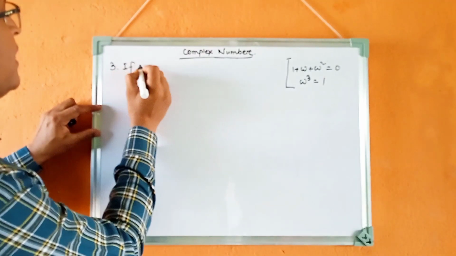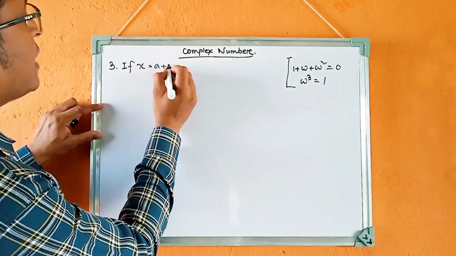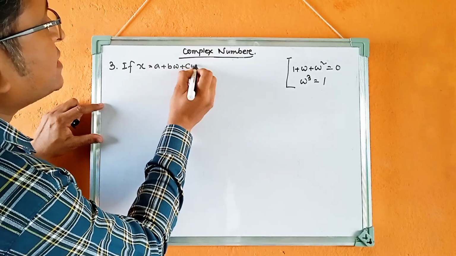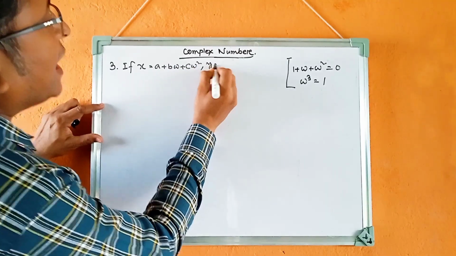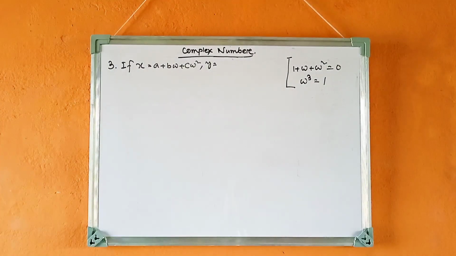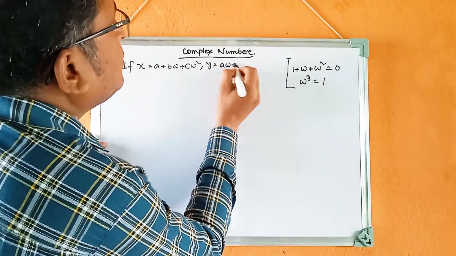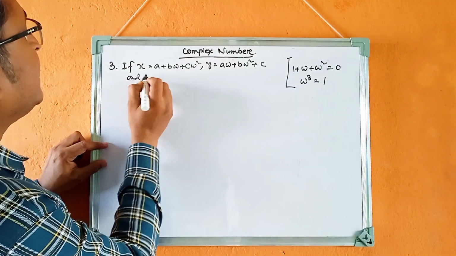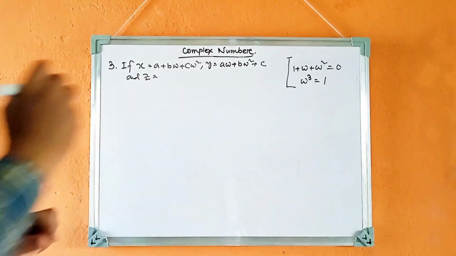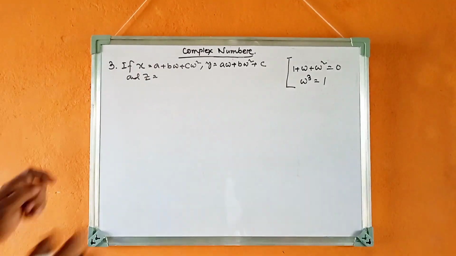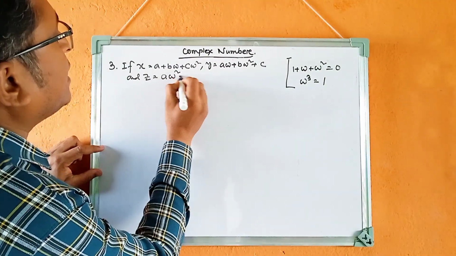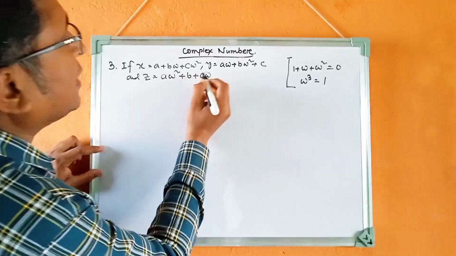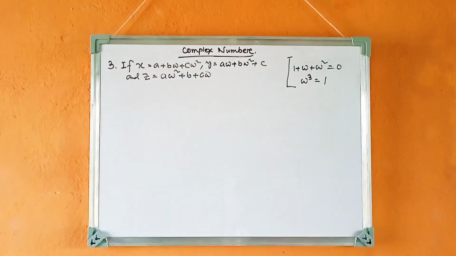If x equal to a plus b omega plus c omega square, y equal to a omega plus b omega square plus c, and z is equal to a omega square plus b plus c omega. The values of x, y, z are given.